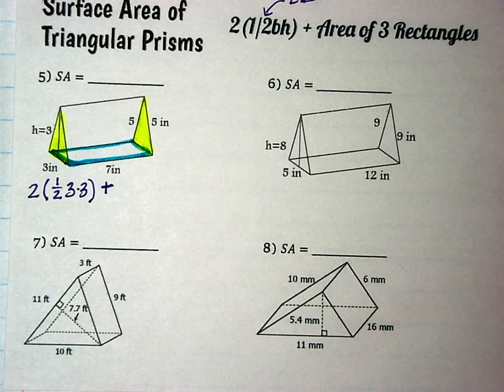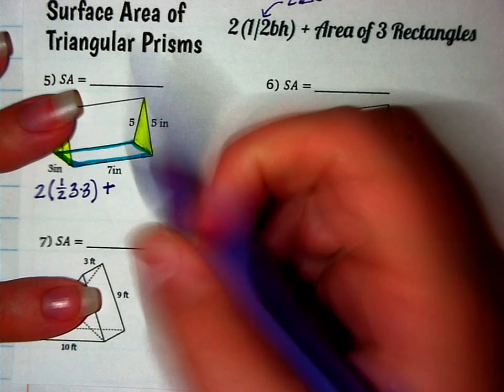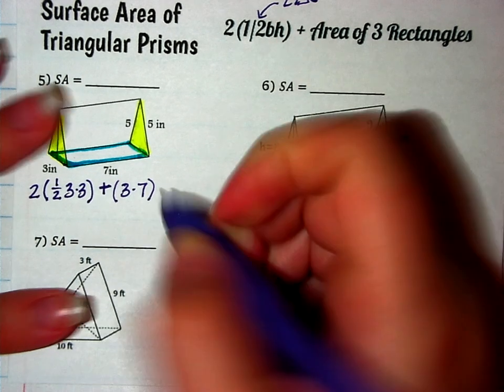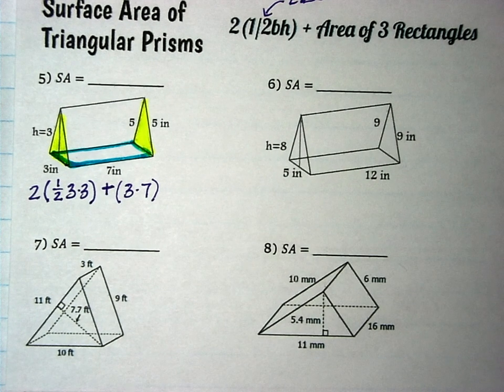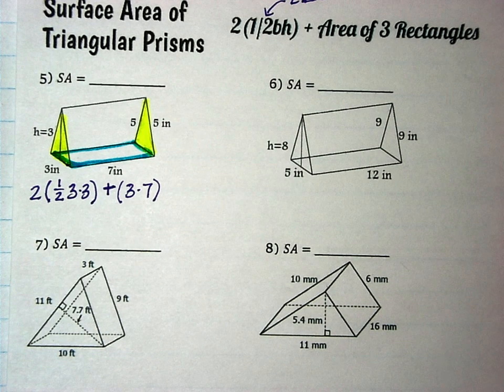I don't see any other rectangles that are the same size as the 3 by 7. So since it's a rectangle, I'm going to just do base times height, 3 times 7. There's no 1/2 here because it's a rectangle. Rectangles just have the regular old base times height.